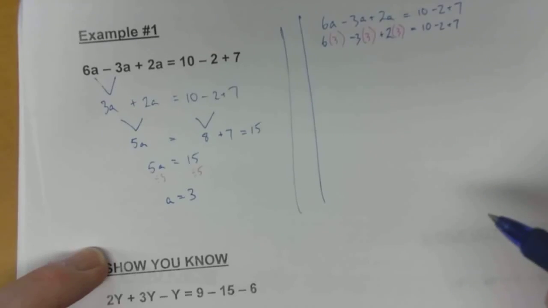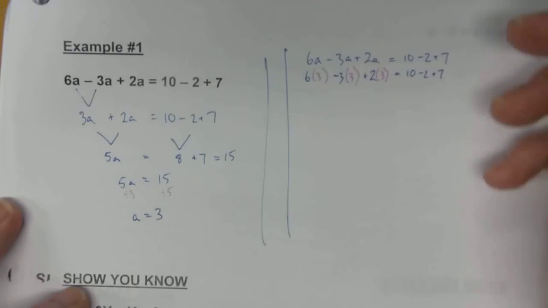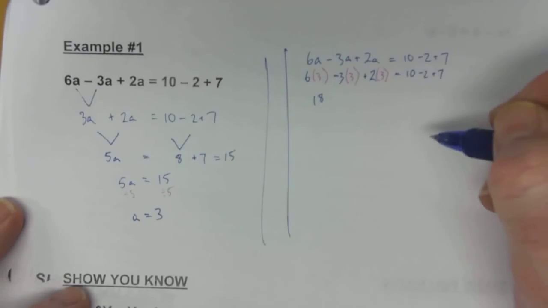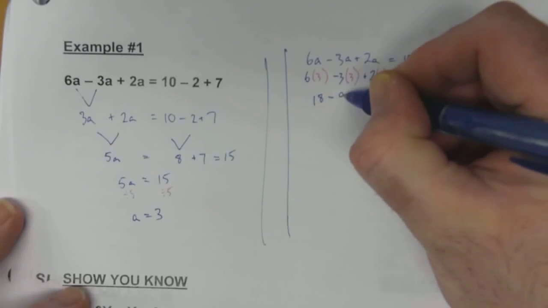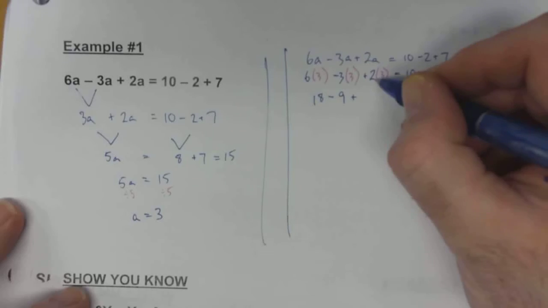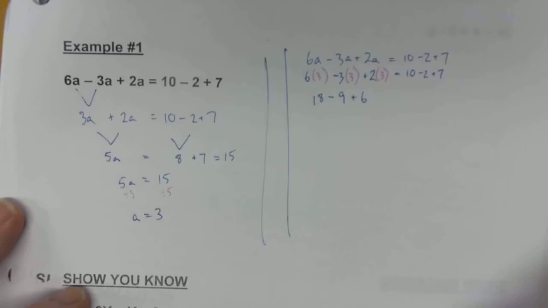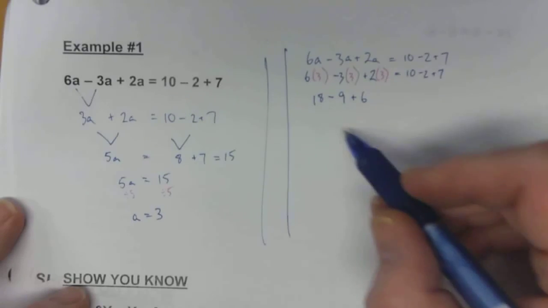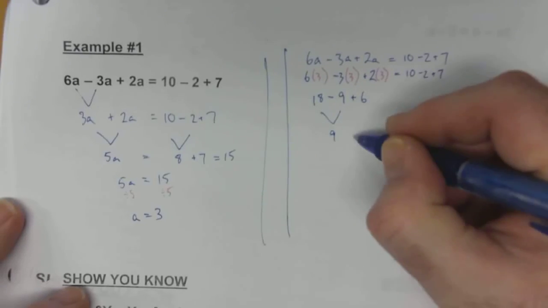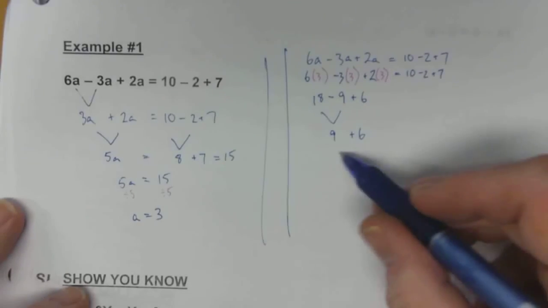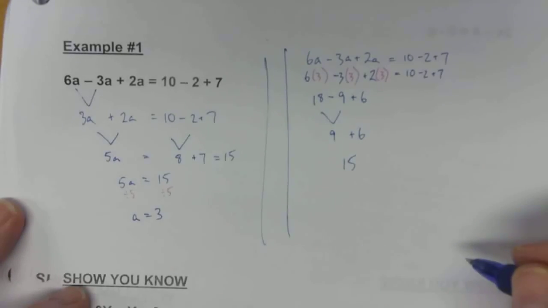So 6 times 3, that is 18. Then we're doing a subtraction of 3 times 3, which is 9. And then we're adding 2 times 3, which is 6. 18 minus 9 is 9. 9 plus 6 is 15.